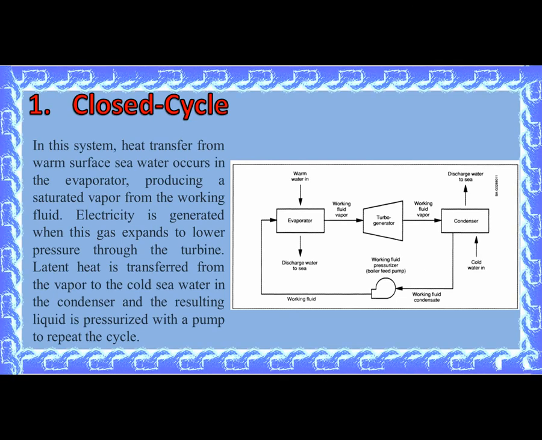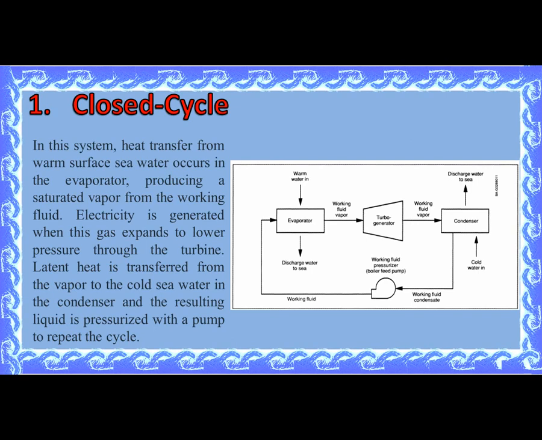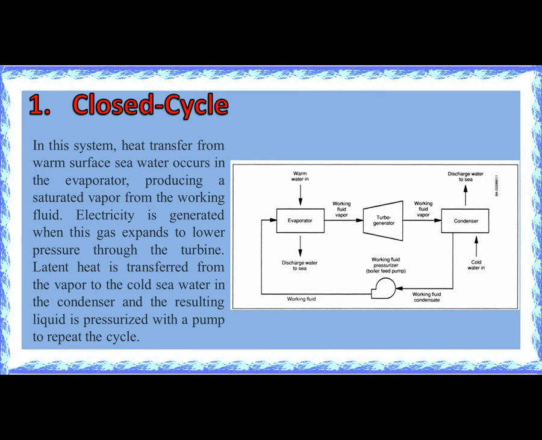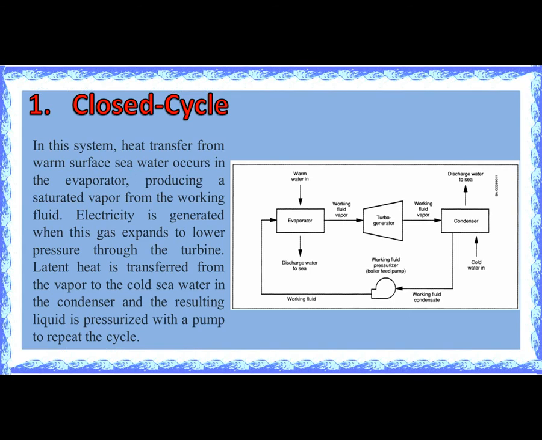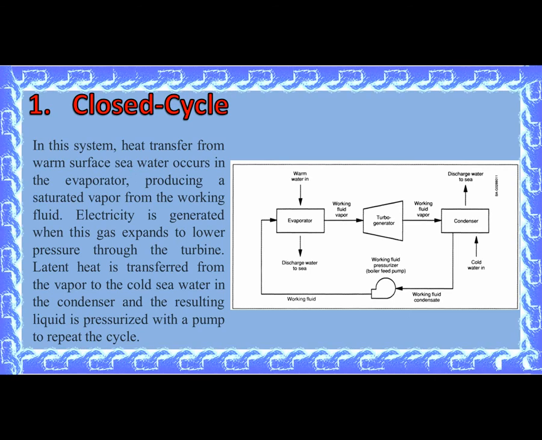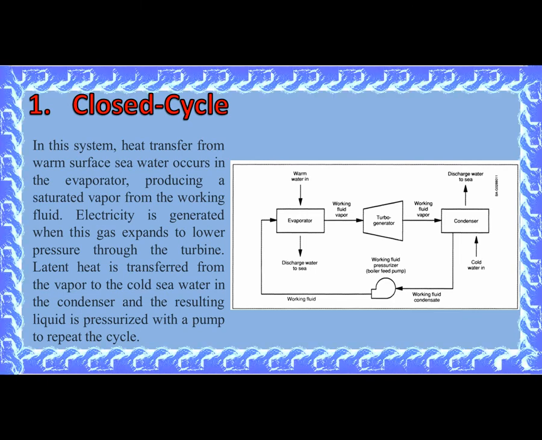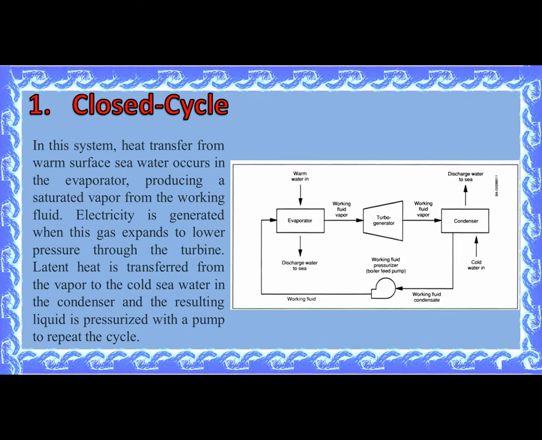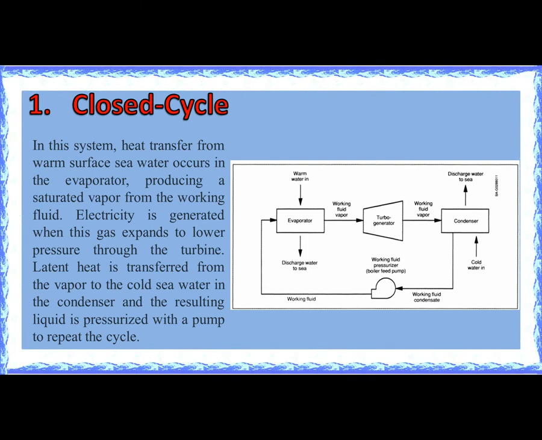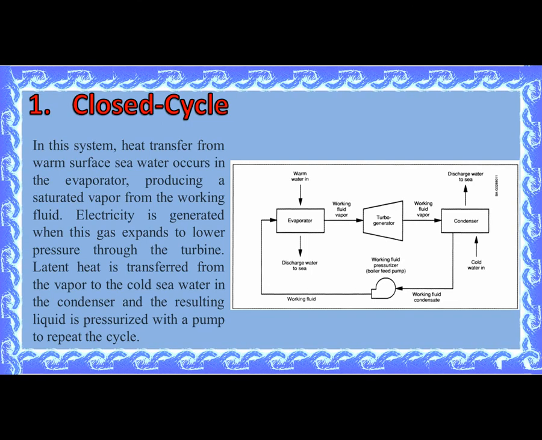In this system, heat transfer from the warm surface seawater occurs in the evaporator, producing a saturated vapor from the working fluid. Electricity is generated when this gas expands to lower pressure through the turbine. Latent heat is transferred from the vapor to the cold seawater in the condenser, and the resulting liquid is pressurized with a pump to repeat the cycle.